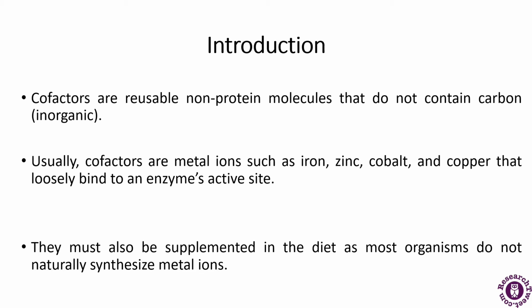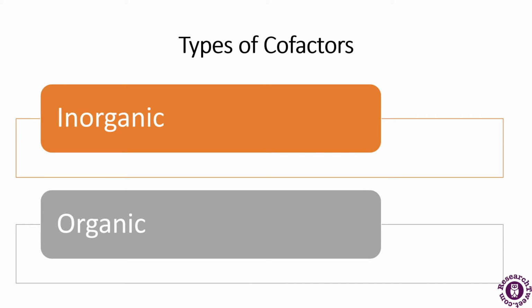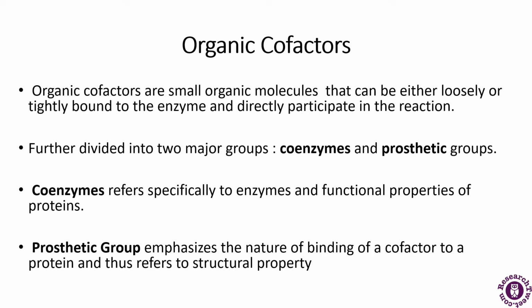If we talk about cofactors, then cofactors have been divided into two categories, that is the inorganic ions and the organic molecules. Now we will be discussing both of these cofactors in detail. First we will discuss the organic cofactors.